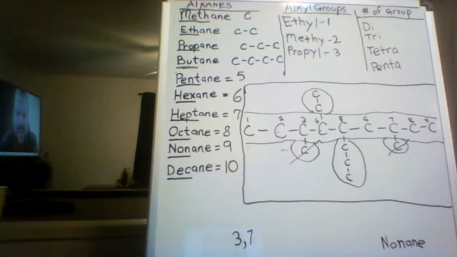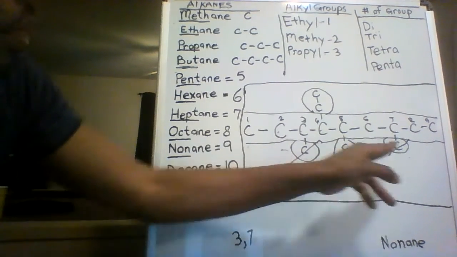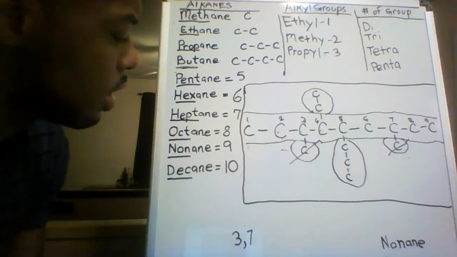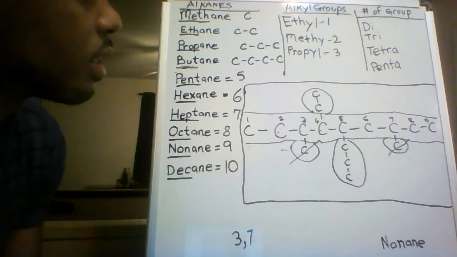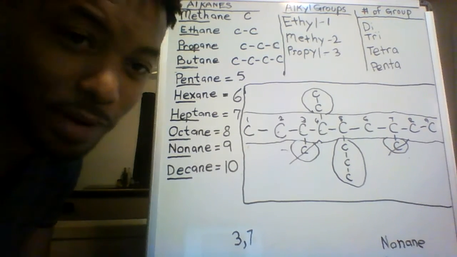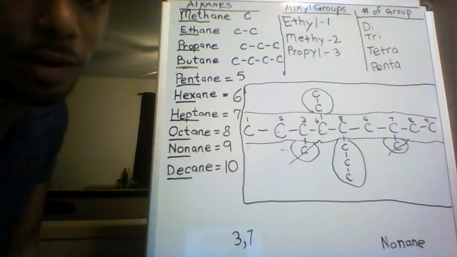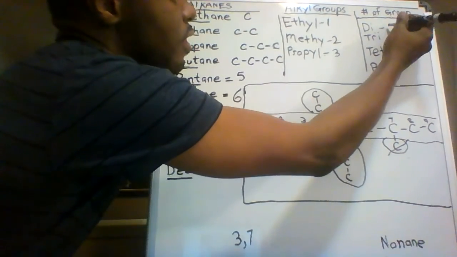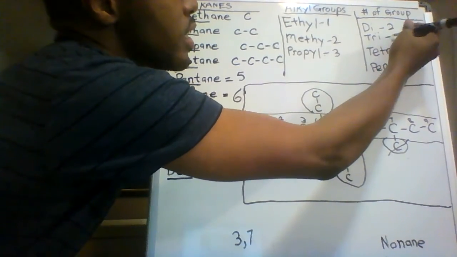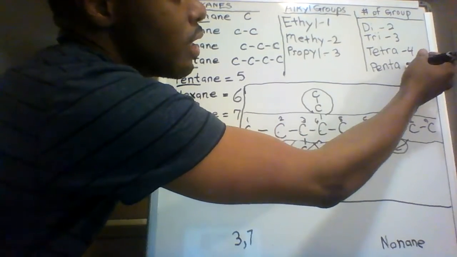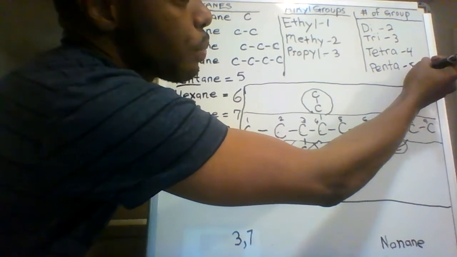But how do I say that there's 2 ethyls? They have more prefixes, but it's not that hard. If you just go in this order, it's not that hard. This means 2, this means 3, and it just tells you the number of the groups. Like I said, this is all just prefixes.